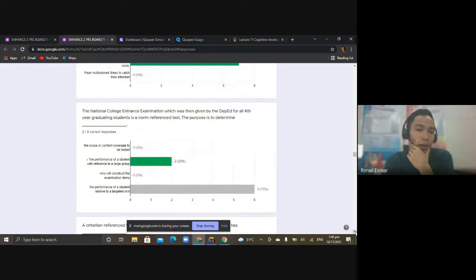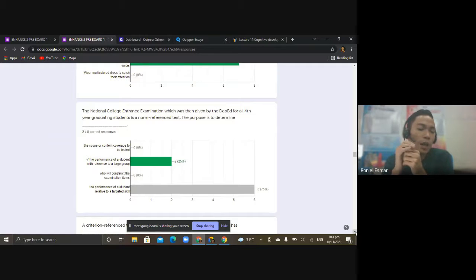Next item, the National College Entrance Examination, which was then given by the DepEd for all fourth year graduating students, is a norm reference test. The purpose is to determine, one, A, the scope or content coverage to be tested. Is that how we define the norm reference test?